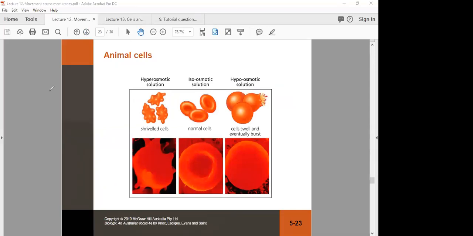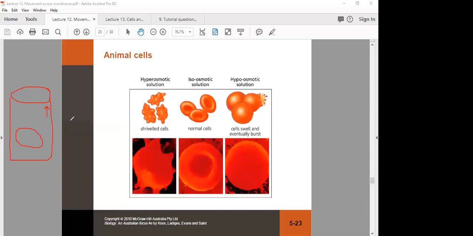Let's take a solution here and place our red blood cell in it. The solution has a high concentration of solutes because it's hyperosmotic, compared to what's in the cell.